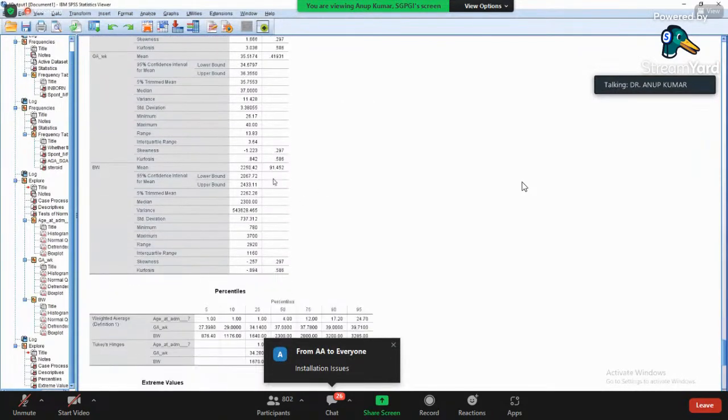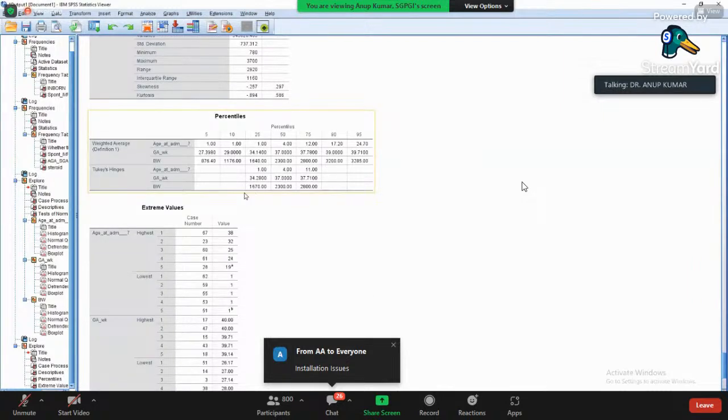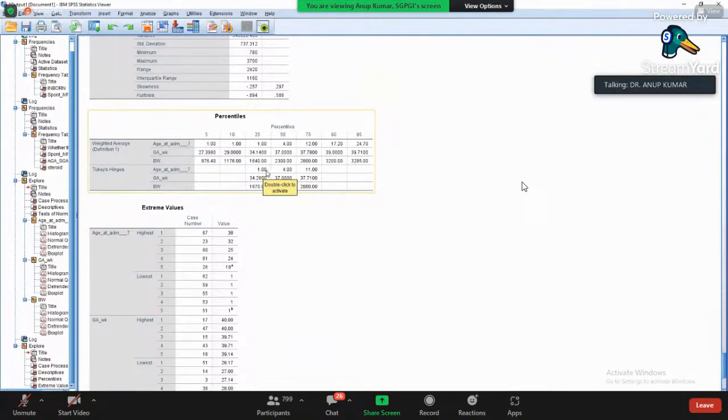You can see the quartile for age at admission is 1. It means 25% of the patients have age 1. What is the median? 4. 50% of the patients, when they are admitted to the hospital, have an age of 4. And 25% of the patients admitted to the hospital have an age more than 11.